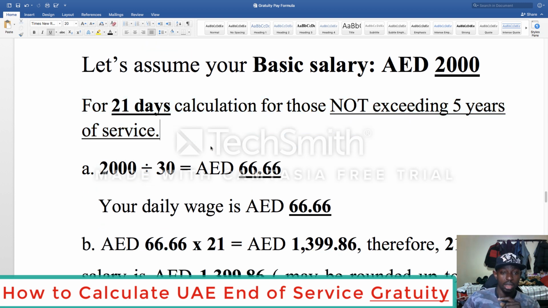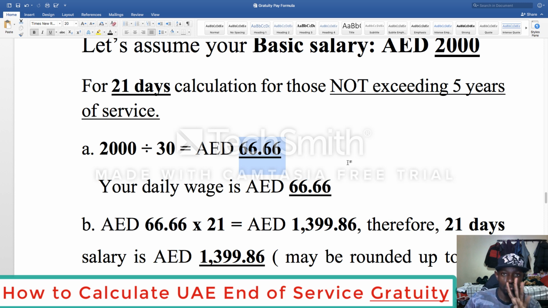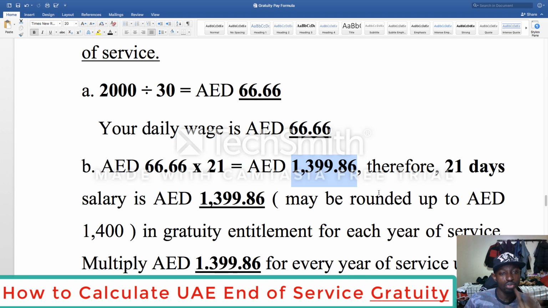Now, let's get your salary for 21 days. 2,000 divided by 30, you're going to have 66.66. Now, 66.66 is your daily wage. To have now your wage for 21 days, you take the 66.66 and multiply by 21. This will give you 1,399.86, which is your wage for 21 days.